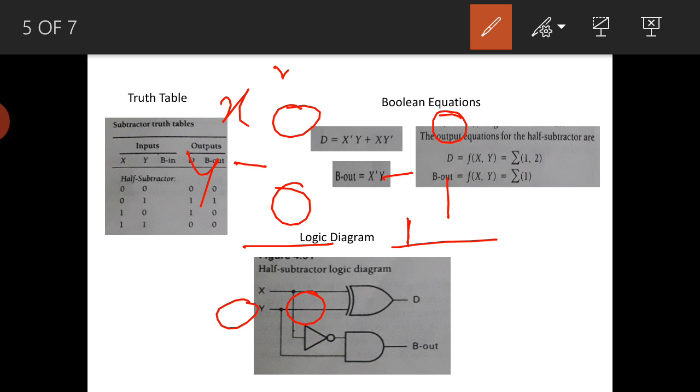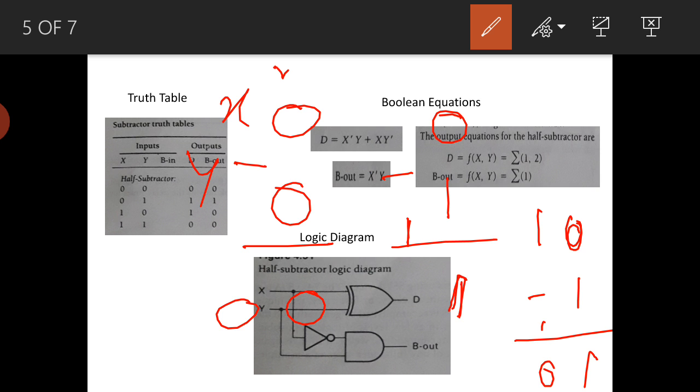So it becomes 1 0 minus 1. 1 0 is nothing but 2, and here it is 1, so 2 minus 1 is 1, and that is the difference.